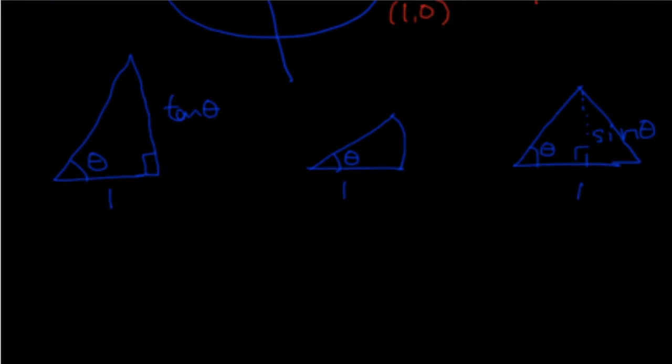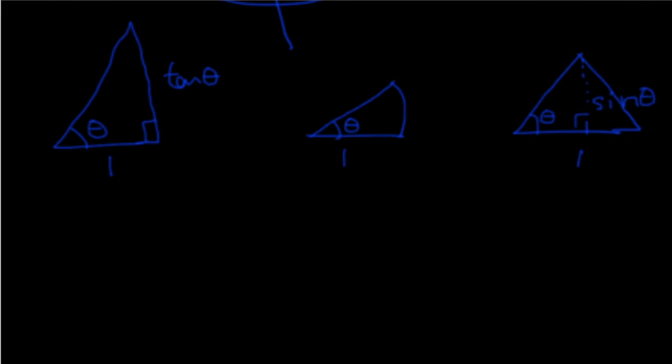Okay, let's look at all the areas. So the area of the first triangle is 1/2 base times height. The height is tangent, so we can just say the area is tangent over 2. The next is the area of a sector.